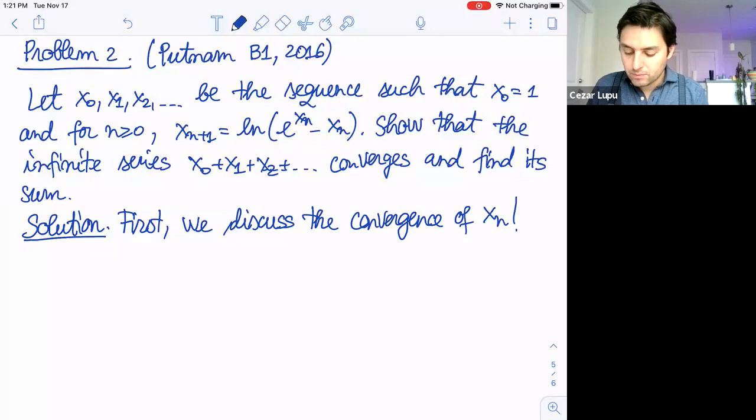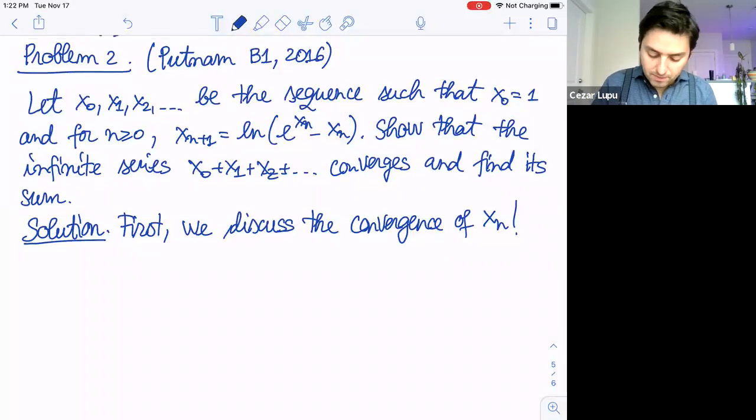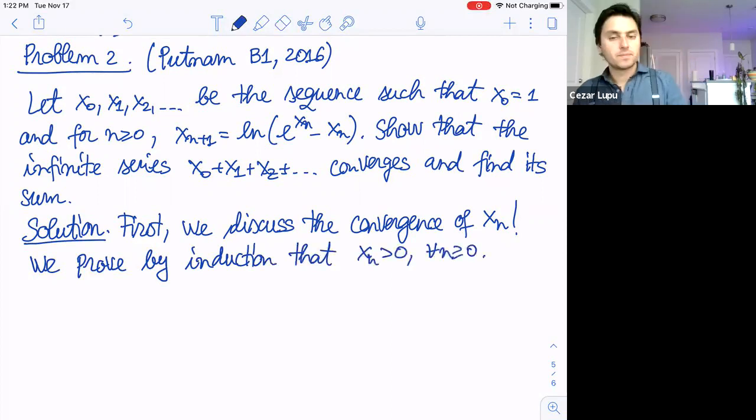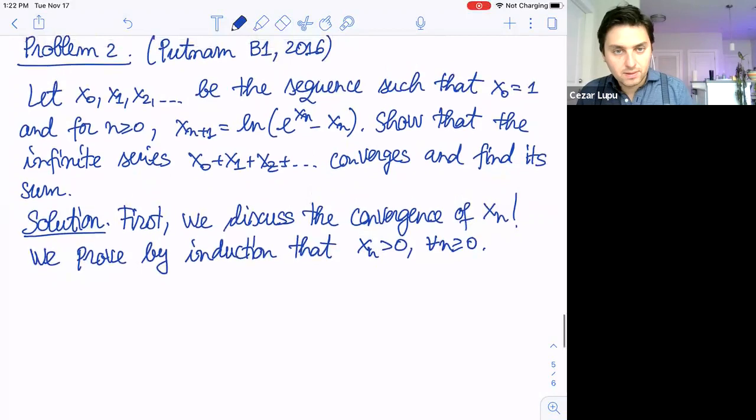All right. Well, I believe that, so first, let's prove by induction that Xn contains only positive terms for all n greater or equal than 0. And in fact, this is not trivial, because we would like to see why this happens, right?